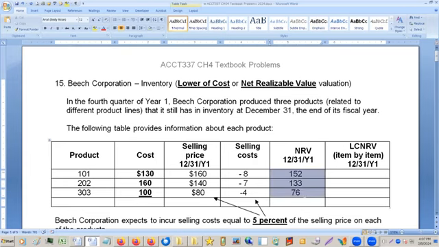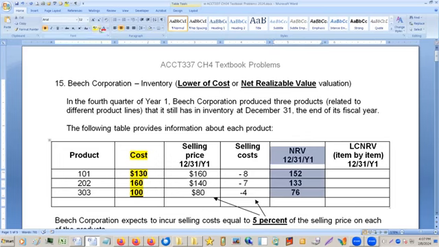Okay, so here's what we're going to do. We are going to compare these with these.